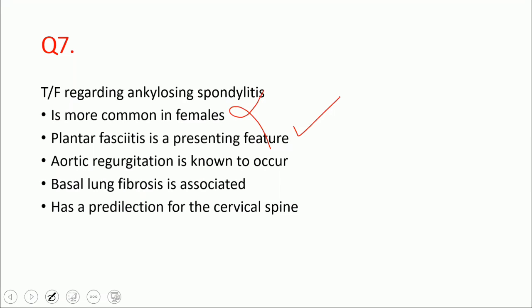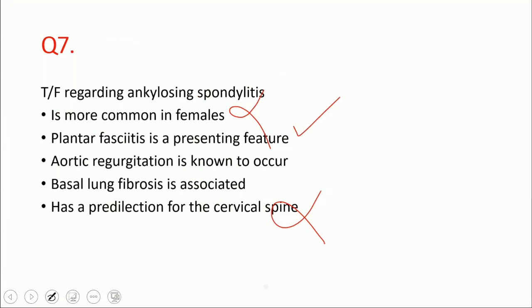So tendinitis, enthesitis, plantar fasciitis. That is the joint involvement and soft tissue involvement. It usually involves the thoracic spine, and can involve the cervical spine also, but mainly the thoracic spine and lumbar spine, then the cervical spine with time.